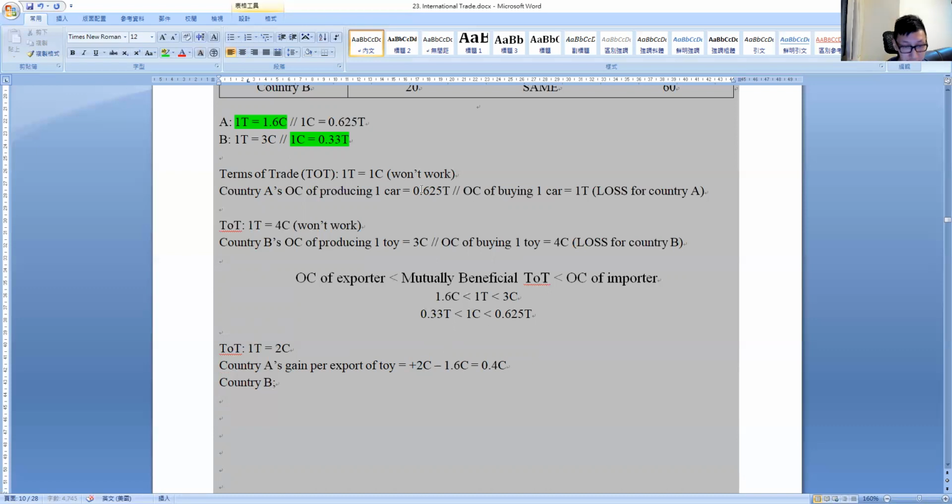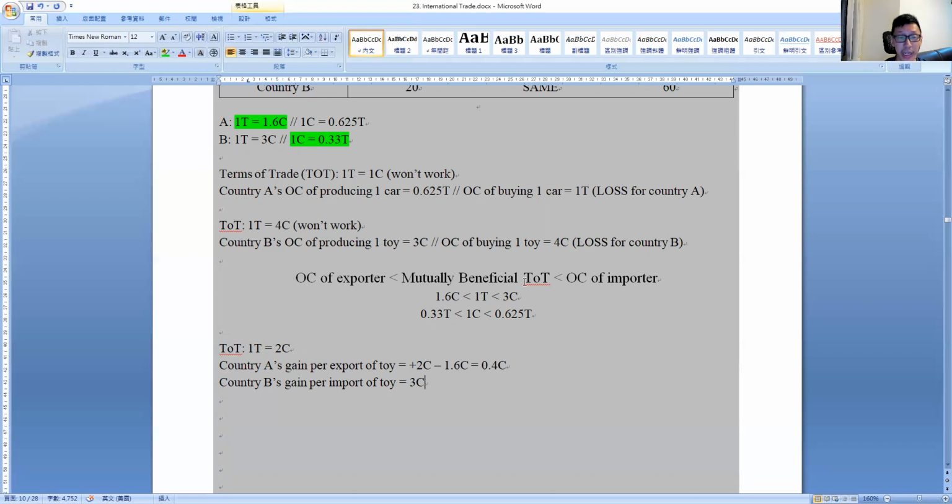Country B's gain per import of toy. Now, how do we think about it? If you need to produce it by yourself, you will be paying 3 cars.